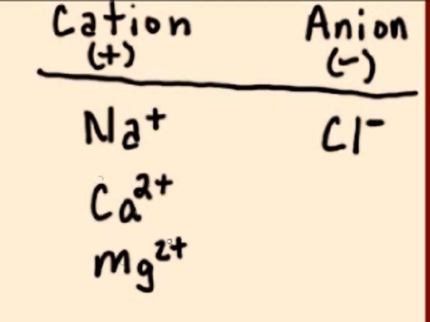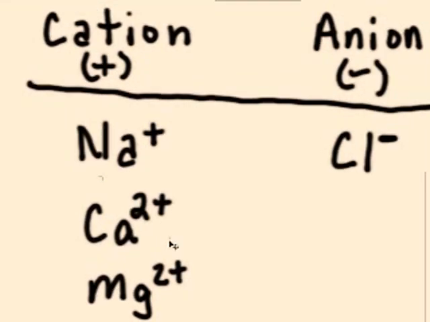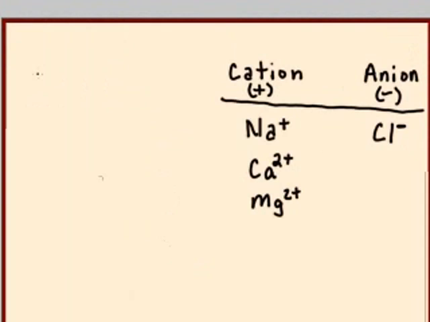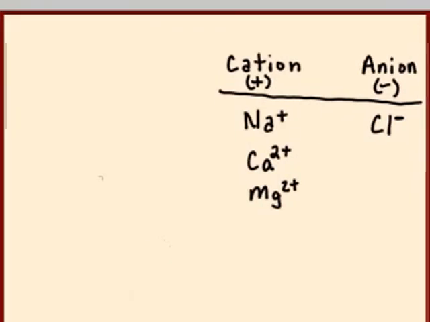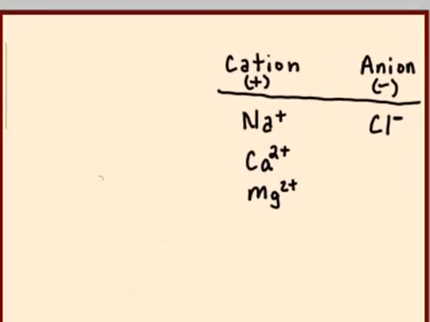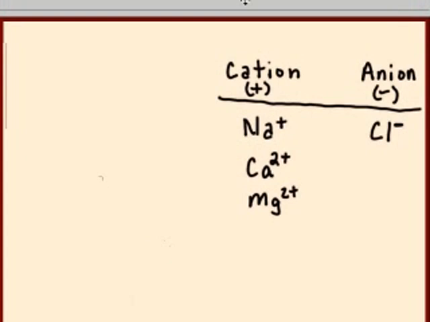Now, how do cations and these anions get into the body? They get in the body when we intake salts. Okay? And there are a variety of salts that we can take into our body.